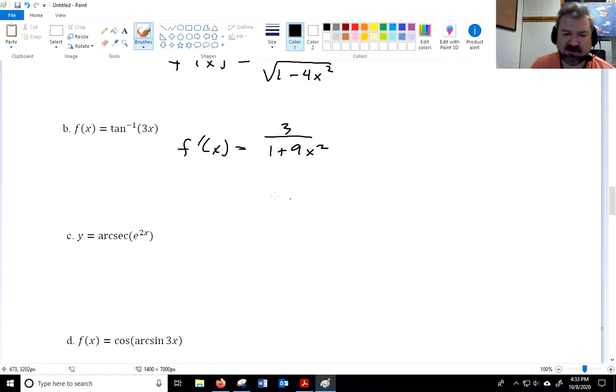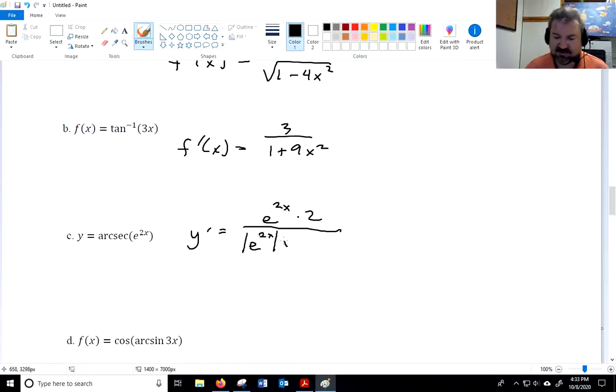All right, lastly, we have arcsecant. And the formula for the derivative of arcsecant u is u prime. So that's e to the 2x times 2, because the derivative of e to the 2x is e to the 2x times the chain, over the absolute value of u times the square root of, this time you start with u squared and then minus 1.